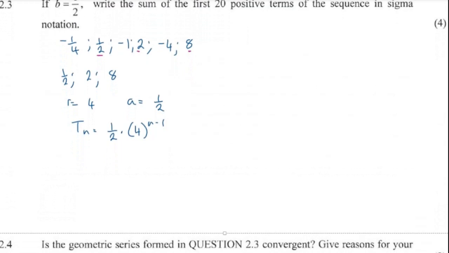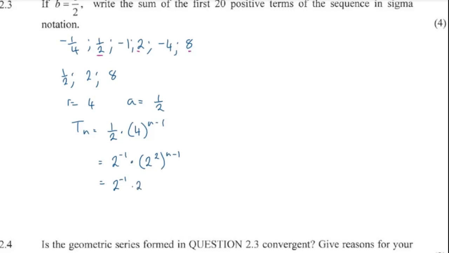A half is the same as 2 to the power of negative 1 by the laws of exponents, and 4 is 2 squared, so this is 2 to the power of negative 1 times 2 to the power of 2 times n minus 1. Same base, so we can add the exponents: 2 to the power of negative 1 plus 2n minus 1... I mean 2n minus 2, so this is 2 to the power of 2n minus 2.